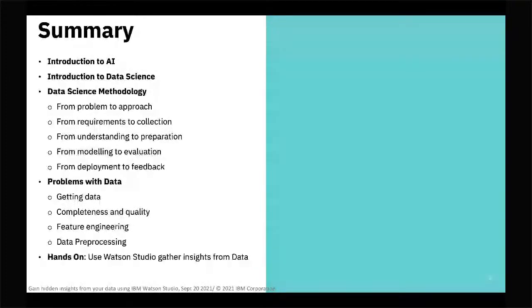Then we covered some of the problems that we commonly face with the data that we have. Some of the problems include getting the data, making sure it's complete and its quality is good, feature engineering, and data pre-processing. And finally, the session was concluded with Anam's hands-on tutorial on how you can use Watson Studio to gather insights from data.